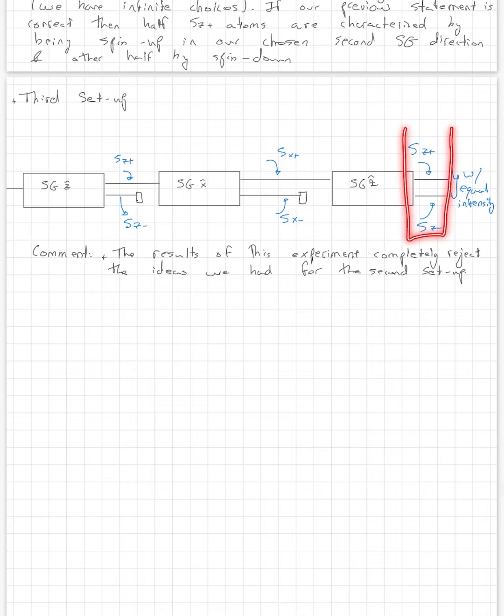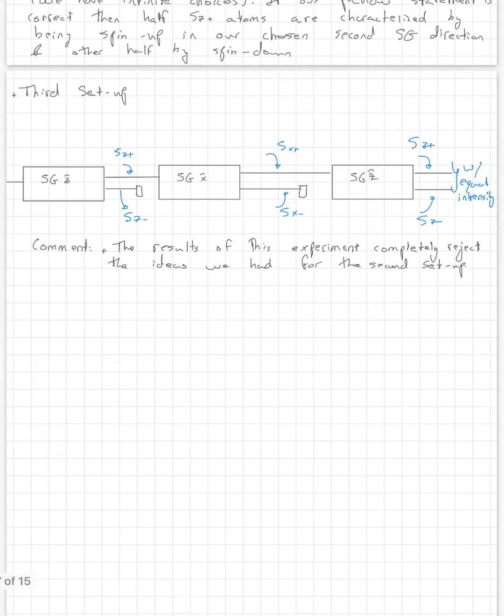So how come when we are passing it a second time through an SGZ device, we get this SZ minus beam again? Where is this information? How is this SZ minus a product of this beam over here when we actually blocked it before passing through the SGX device? So this result is very weird.